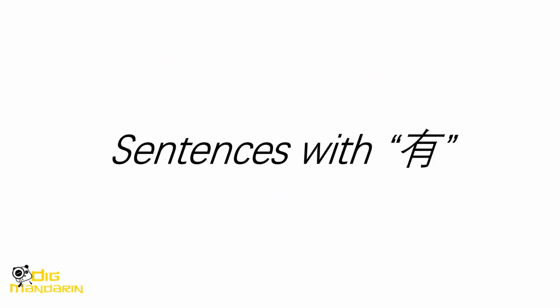Okay, great. After looking at sentences with 是, now let's look at our last basic structure, the structure 12, sentences with 有. This kind of structure is still quite easy, because the predicate is just 有.